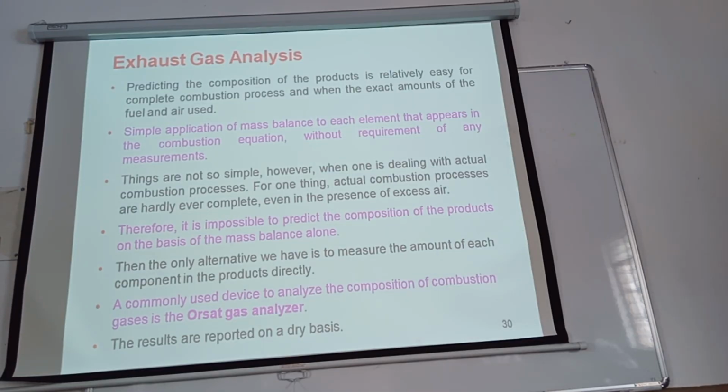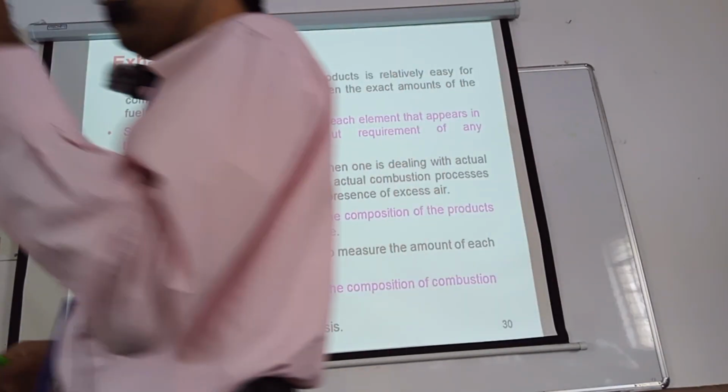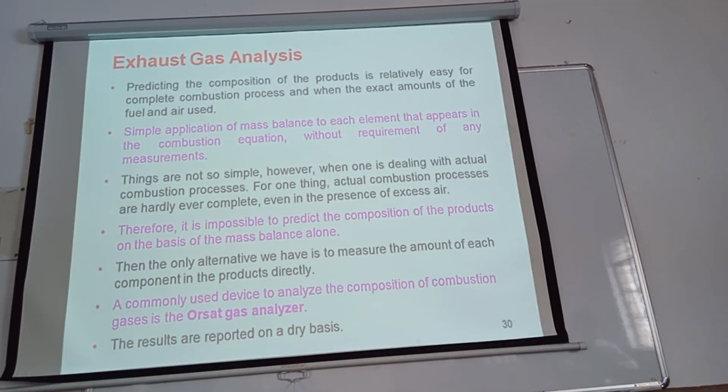That is easy for complete combustion. Complete combustion means when we know that all the carbon will be converted to CO2 and all the hydrogen will be converted to H2O, and there is nothing else happening. But if it is not happening like that, for example, some of the carbon is converted to carbon monoxide, some is unburned carbon, and say for example with hydrogen you have hydroxyl radical, clear?